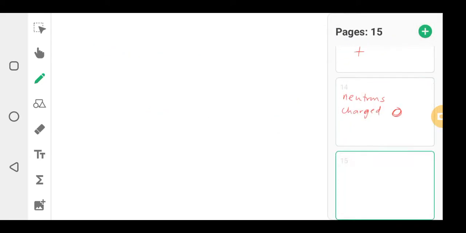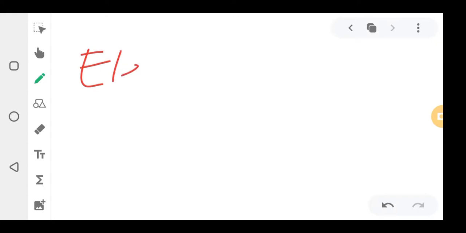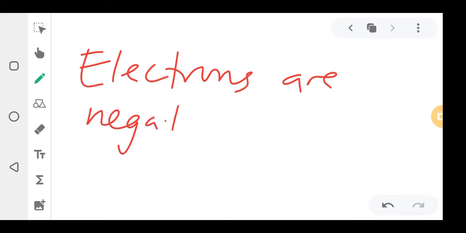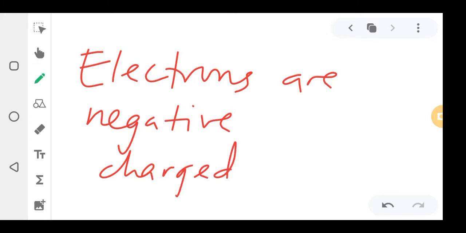And then electrons are negatively charged, meaning they carry a negative charge.